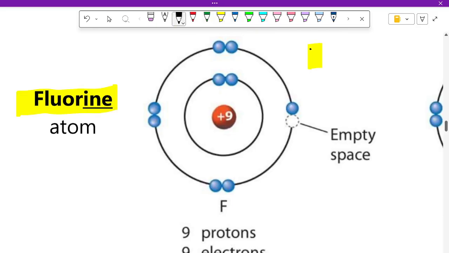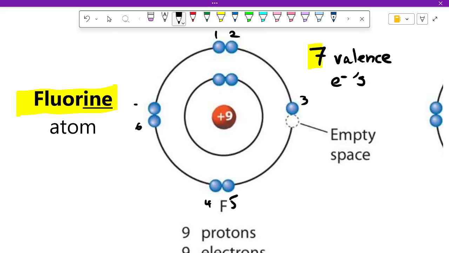So fluorine has 7 valence electrons. So it has 7 electrons on the outer shell. 1, 2, 3, 4, 5, 6, 7.